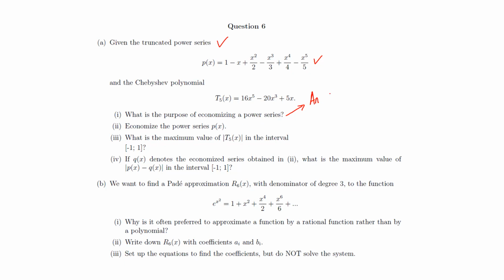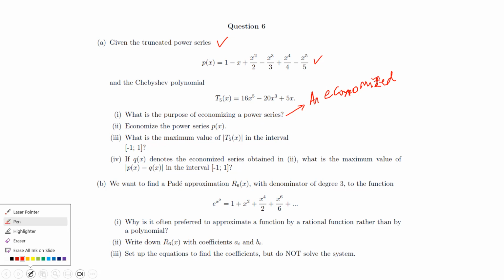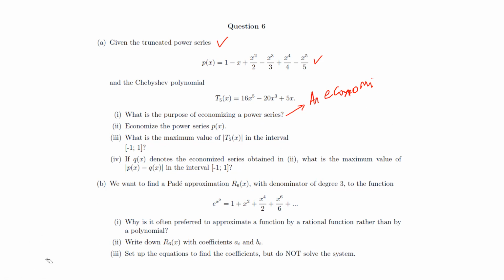So in other words, an economized, you can use the American Z for the economized, but yeah, it depends. The British normally use S, but the Americans use Z. So it doesn't matter. But it's popular to use Z in this module, so we maintain that.